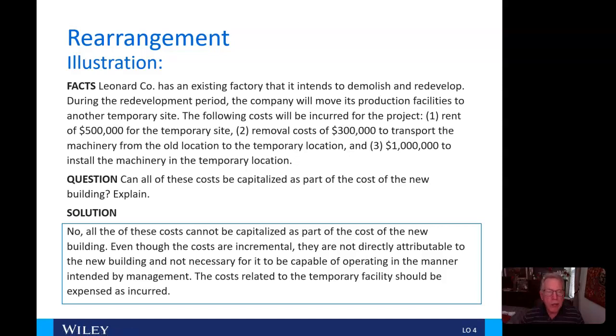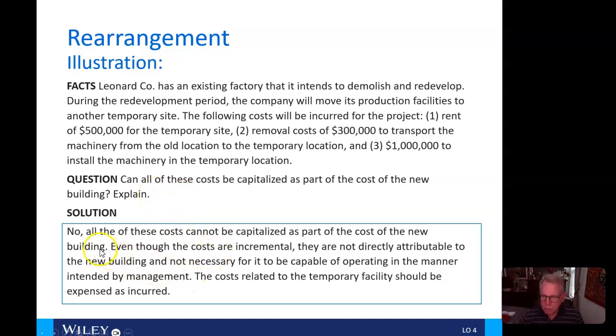Removal costs of $300,000 to transport the machinery from the old location to the temporary location. And 3. $1 million to install the machinery in the temporary location. Question: can all of these costs be capitalized as part of the cost of the new building?